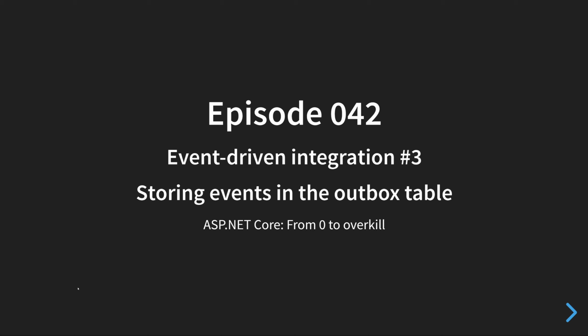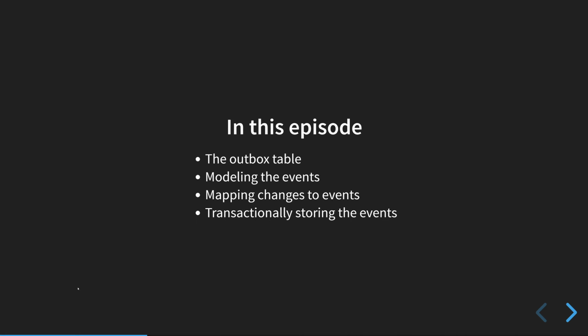In this episode, we'll continue our event-driven integration journey within the topic of storing the events in the outbox table. As in the past episode, we detected those events based on EF Core changes. In this one, we'll do the next step, which is storing them in the outbox, where we'll start by creating the outbox table to store the events.